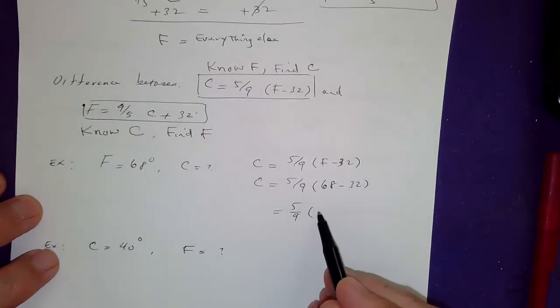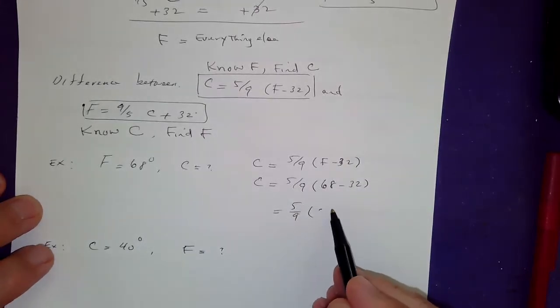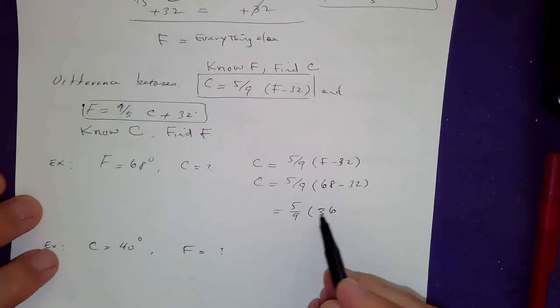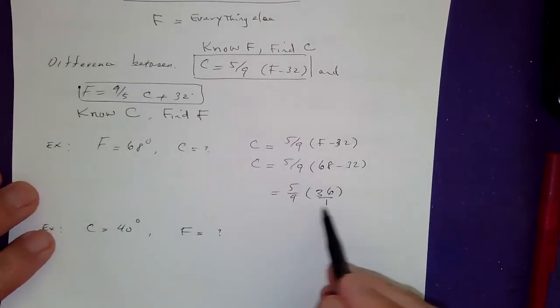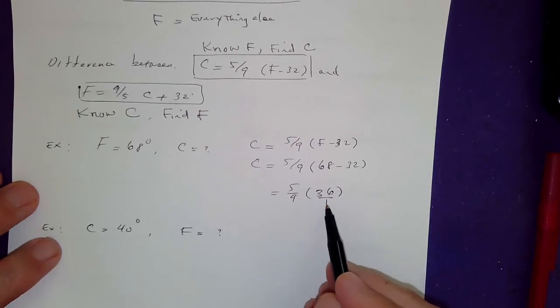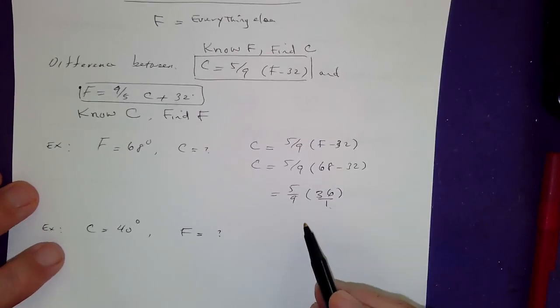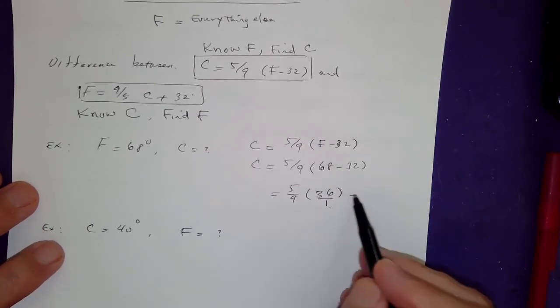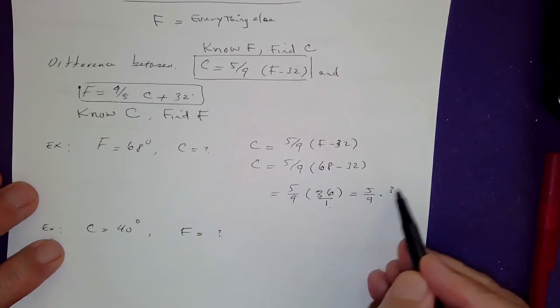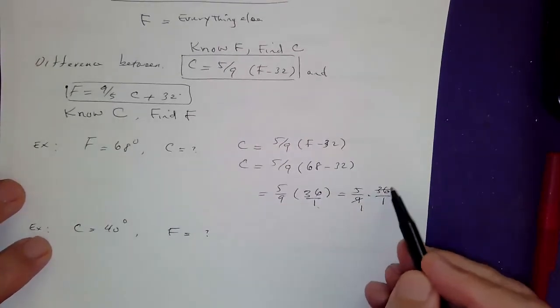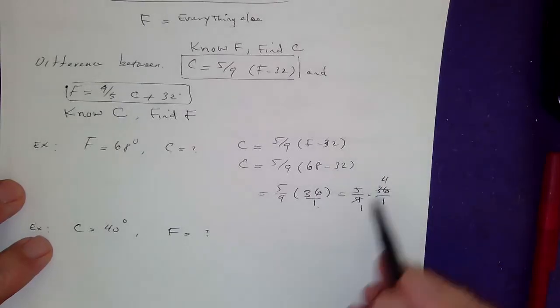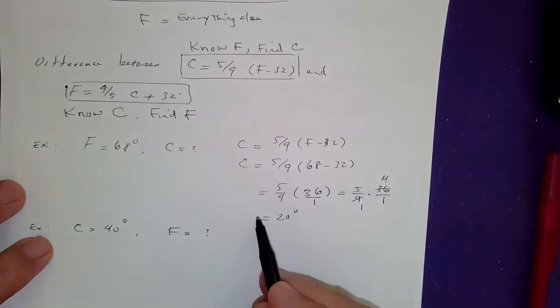Okay, that would give us 36. This is like multiplication of two fractions. Can you see it if you give a denominator of 1 to 36? How do you multiply two fractions? Remember, this is 5/9 times 36/1. Cross reduce, 9 goes into 36 four times. 4 times 5 is 20 degrees.